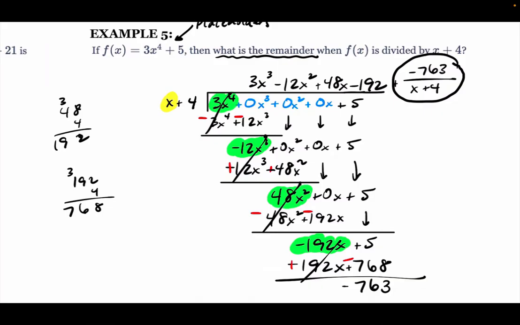Did I do something wrong? Yeah, the end, it should be positive, because you did minus 192 times positive 4. Oh, so it should be, wait. So you should just do 5 plus 768. Plus, it should be plus? Yeah, that's what you have on here.